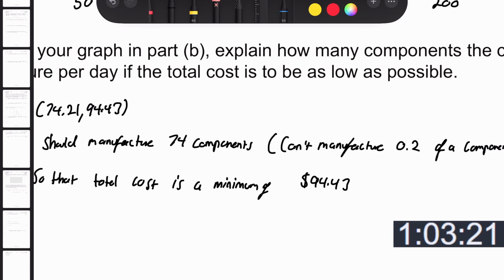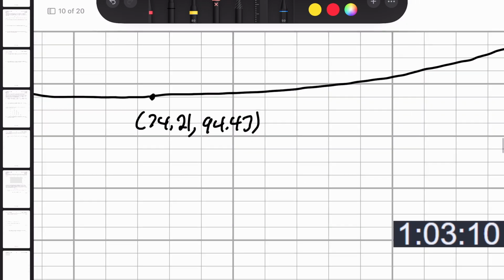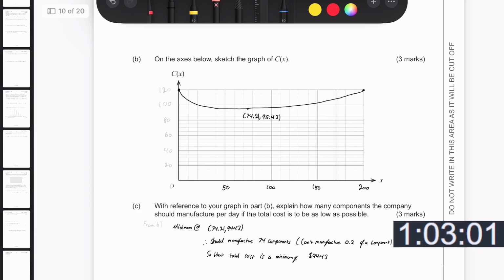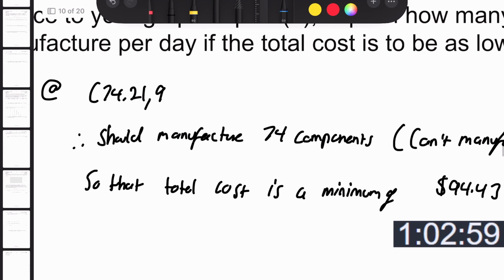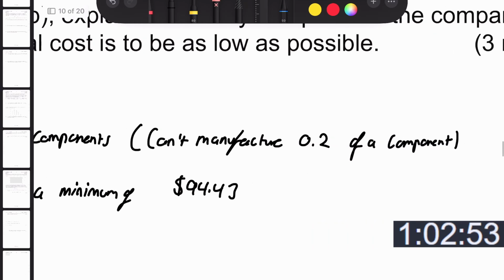Wait, that's 95. Wait a minute. Is the minimum 95.43? Wait, it is, isn't it? Yeah. No, 0.5. 43. Minimum of 95.43.